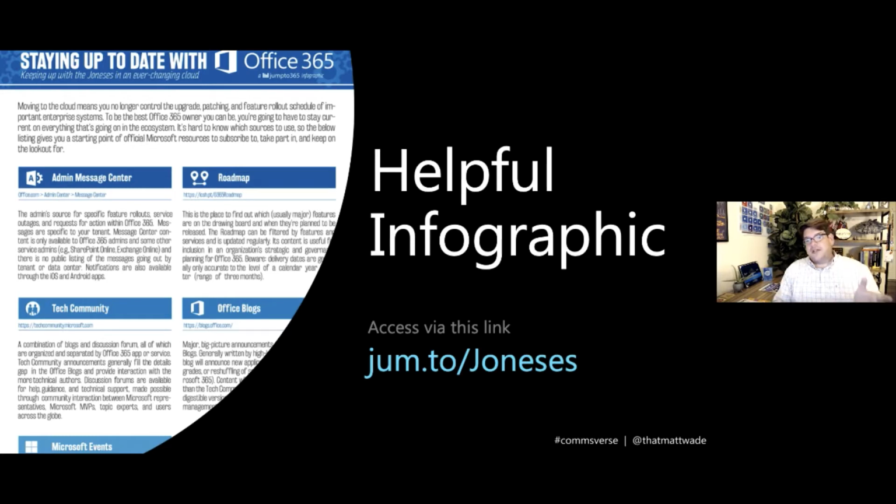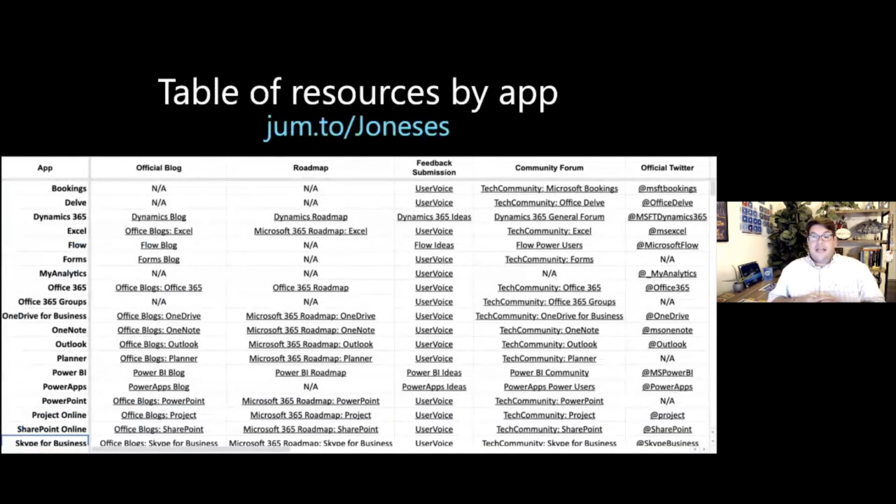Part of this is a table of resources separated by app. So you'll find a link to the official blog, the official roadmap, the official feedback submission community or forum, and then the official community forum for each of the apps, in addition to the Twitter handle of those apps, and a number of notable Microsoft people who work on that product.